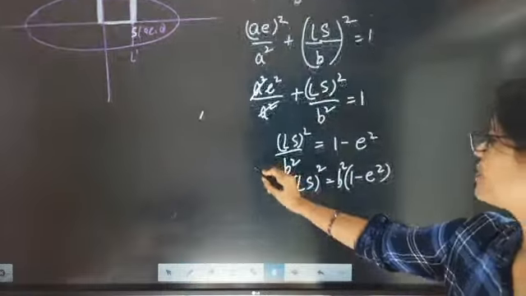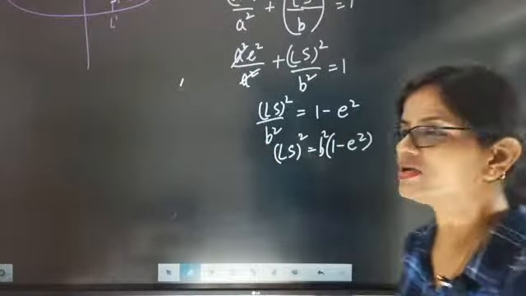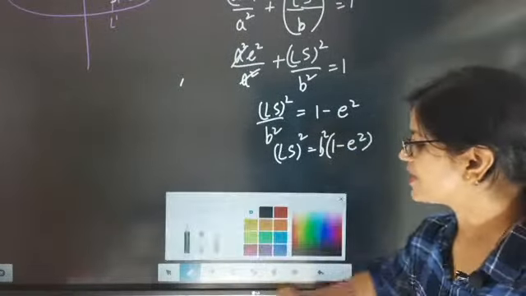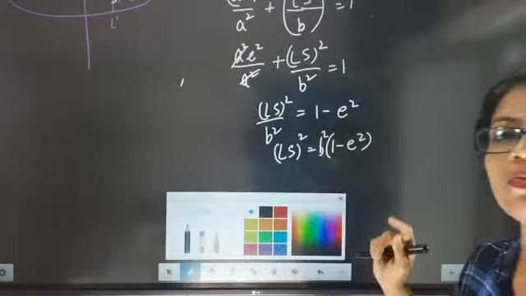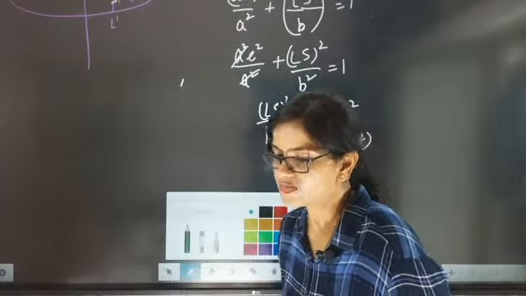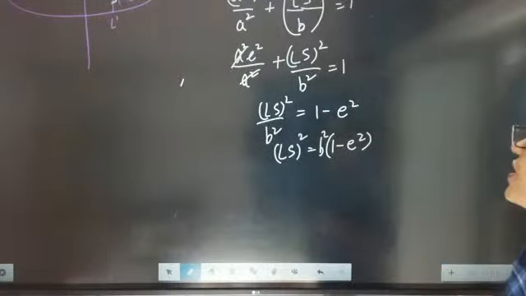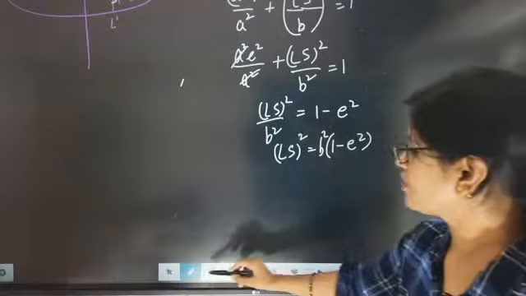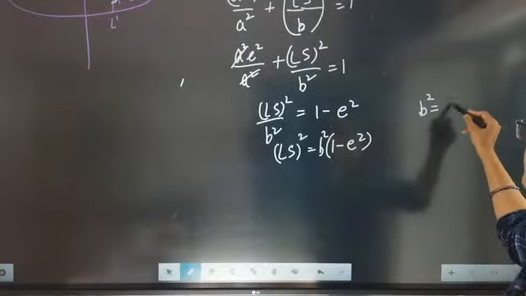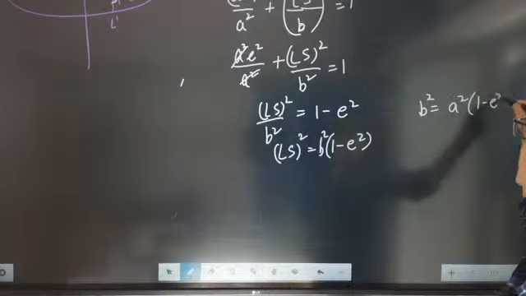Now we already know one very important thing. What is b square here? We already know b square equal to a square into 1 minus e square.